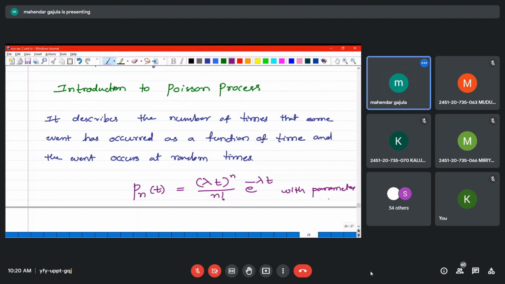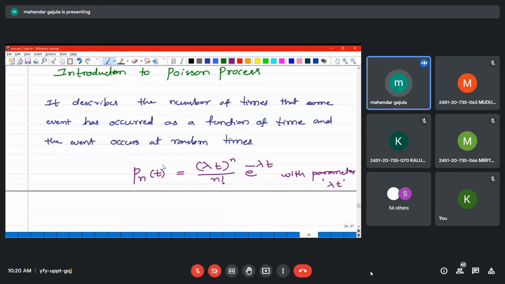So for discrete, we use a probability mass function. For continuous, we use CDF or PDF as a distribution. So for a Poisson random process, the distribution is P_n(t) = (λt)^n / n! e^(-λt).